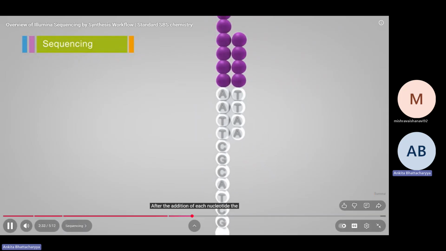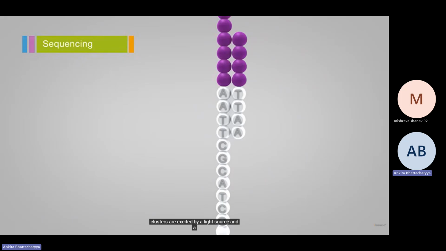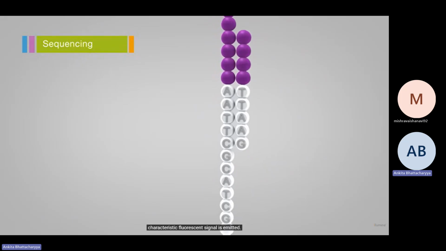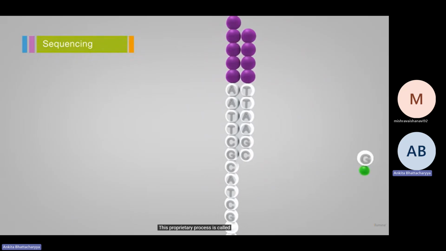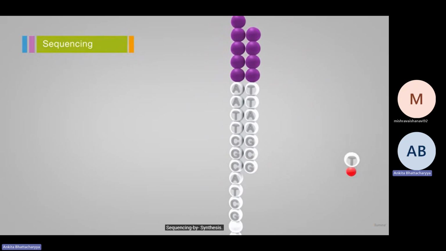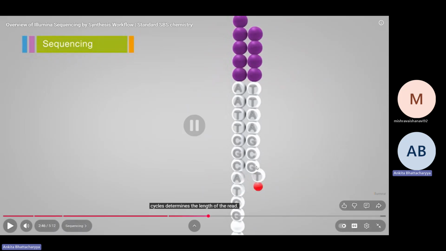After the addition of each nucleotide, the clusters are excited by a light source, and a characteristic fluorescent signal is emitted. This proprietary process is called sequencing by synthesis. We will learn more about this. So again, this is proprietary because it was Illumina's concept.